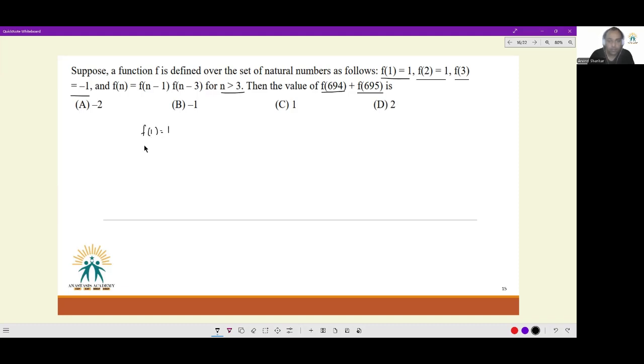f1 is equal to 1, f2 is equal to 1, f3 is equal to minus 1.